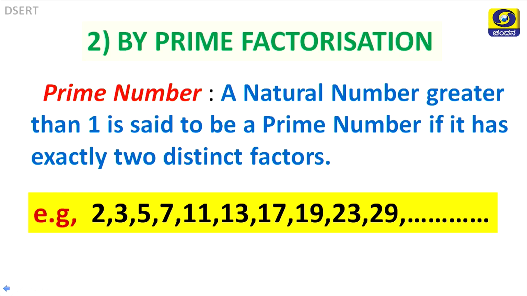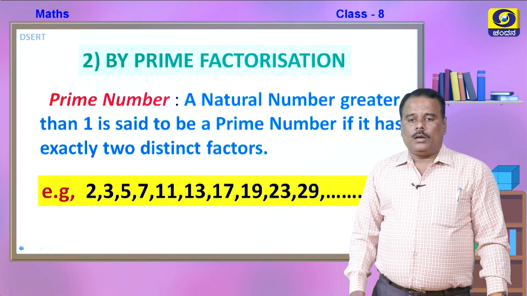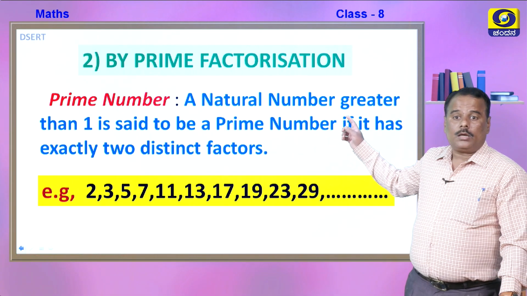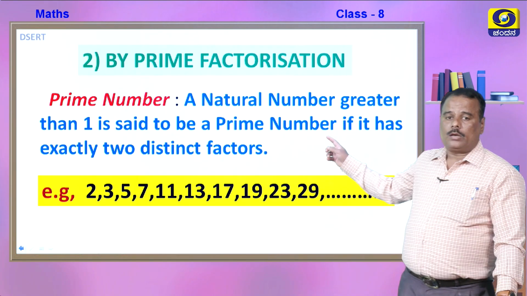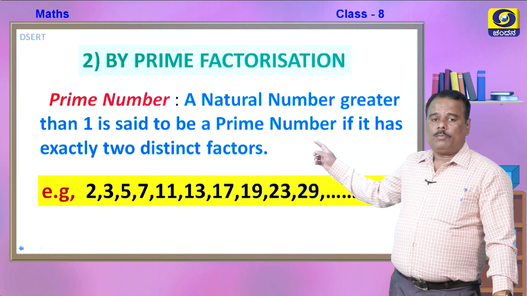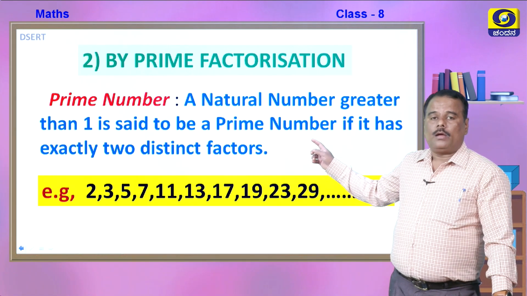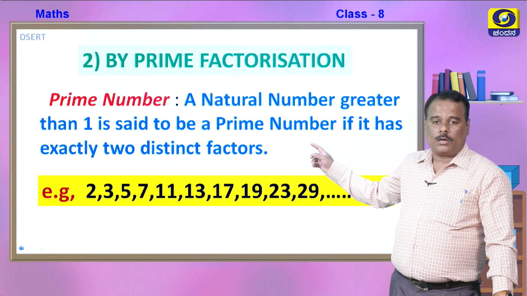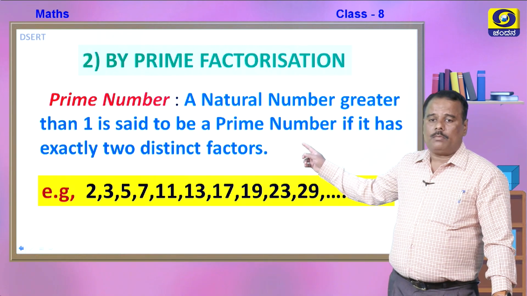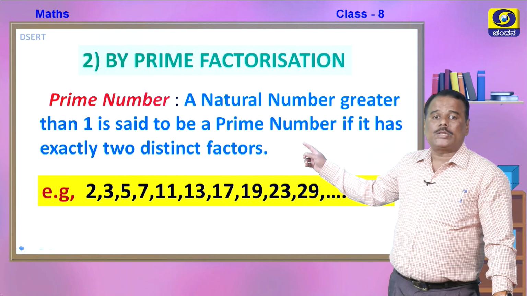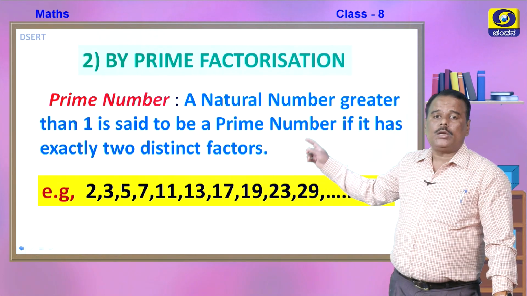First, let us recall prime number. A natural number greater than 1 is said to be a prime number. See the condition. For a number to be prime, it should be greater than 1 and it should be a natural number. So, a natural number greater than 1 is said to be a prime number if it has exactly two distinct factors.